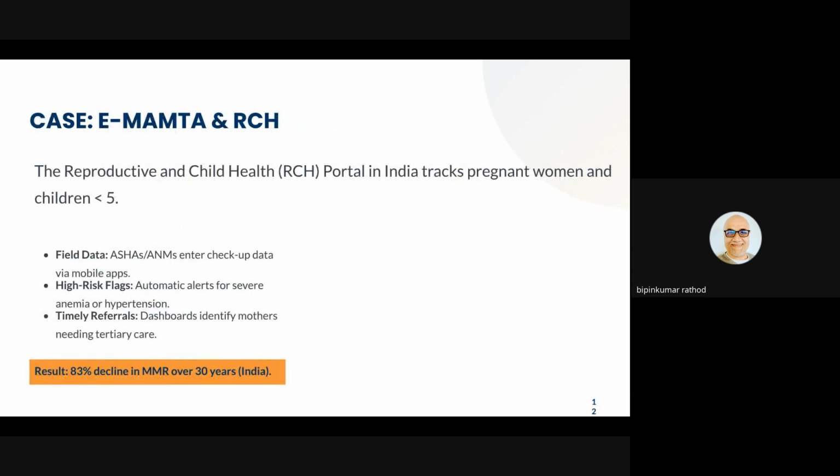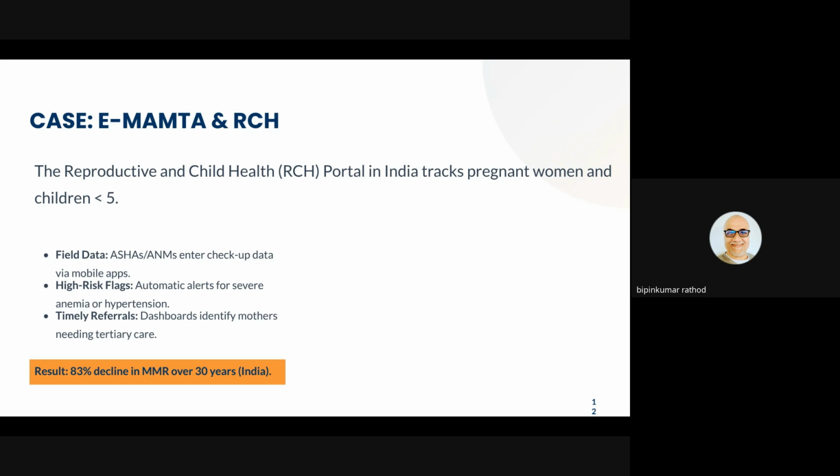So this is a very popular use case of data, dashboard, intelligence, story, everything: the eMamta and reproductive and child health portal. It's an excellent example of a national-level dashboard with a few indicators that's managed by the NHSRC. Lots of agencies combined their efforts to make it happen for public health.